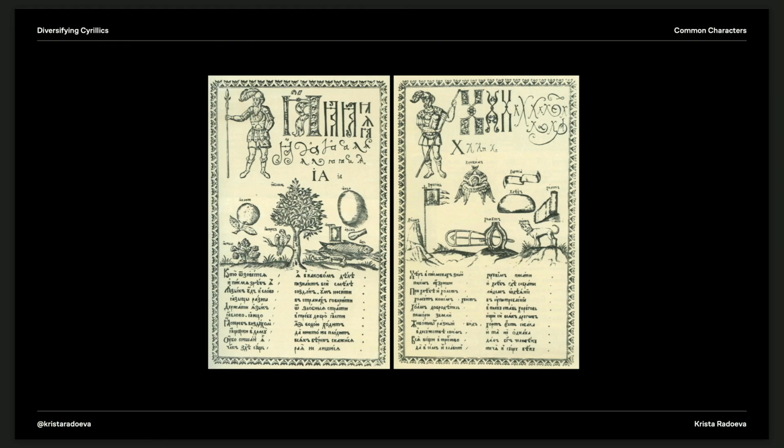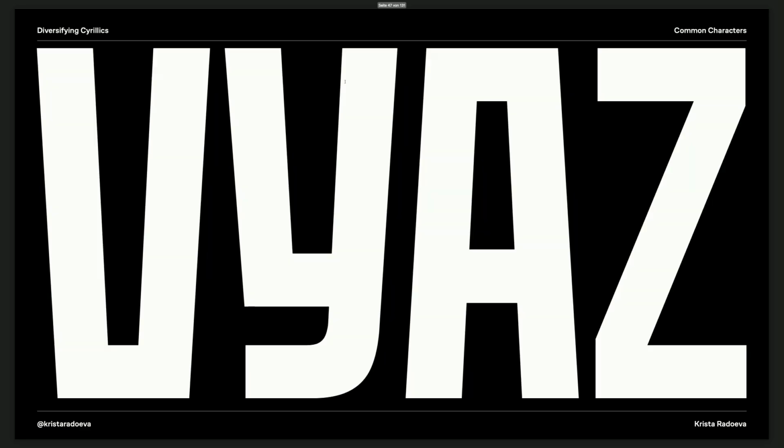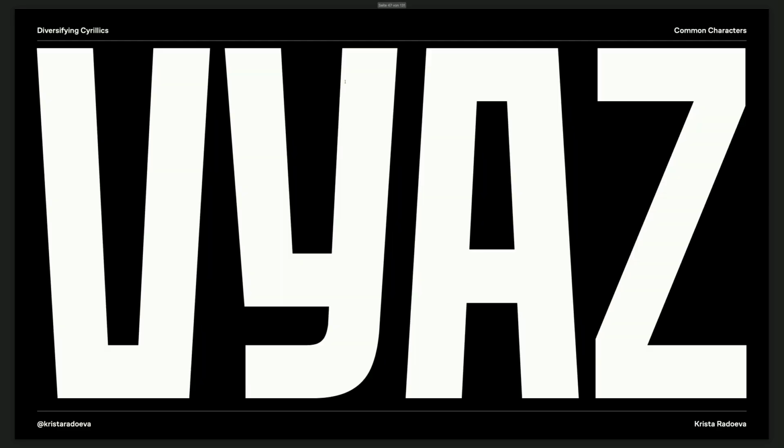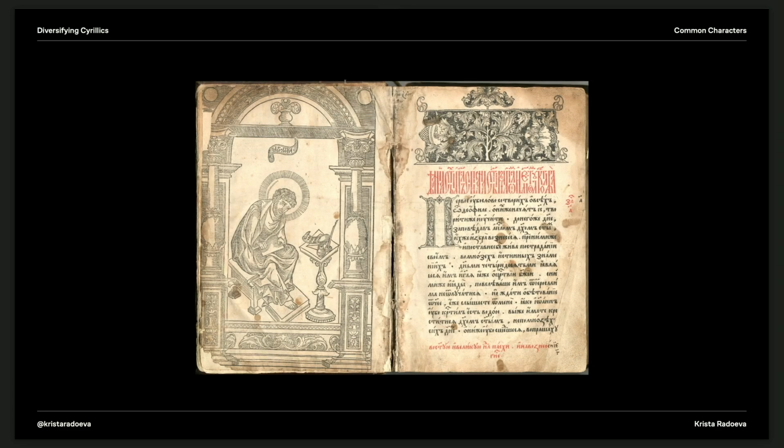You can see a mix of styles being used, and this is early printing. You also saw a little bit of this one as the titling one. I'm referring to the one in the red. It's Vyaz, which kind of translates as knitted letters.